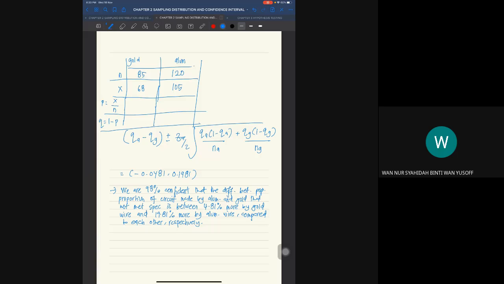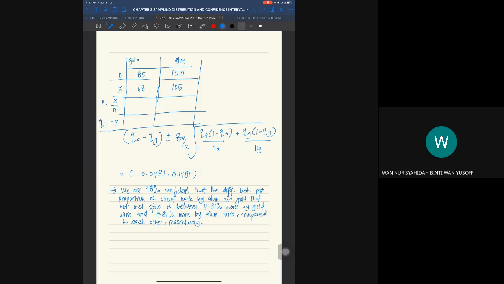It is not like it doesn't matter which one is first and second, you will get a similar answer. No, because it is different when we make aluminium the first population and gold the second population, or gold the first and aluminium the second.